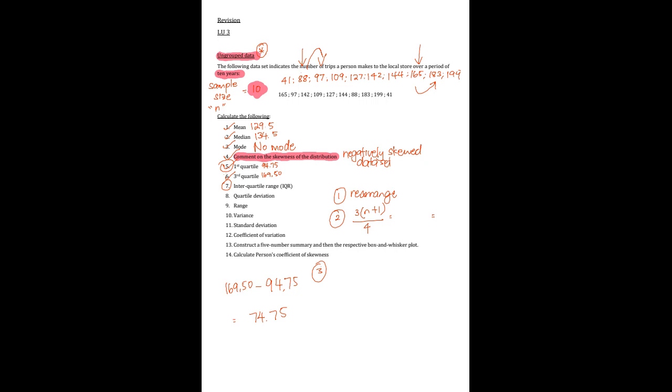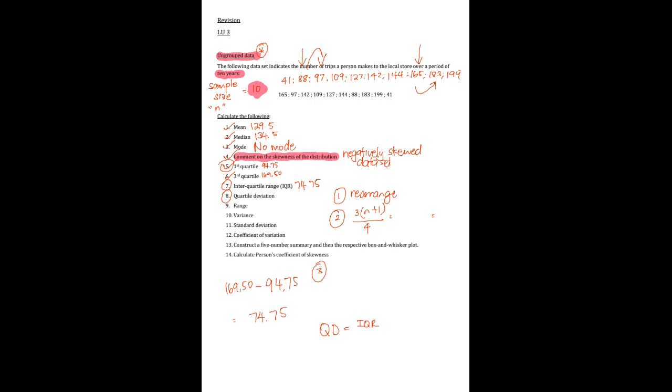And then your quartile deviation in the next one is no stress, no problem at all. So the next one is your quartile deviation. So your quartile deviation is calculated as your interquartile range divided by 2.